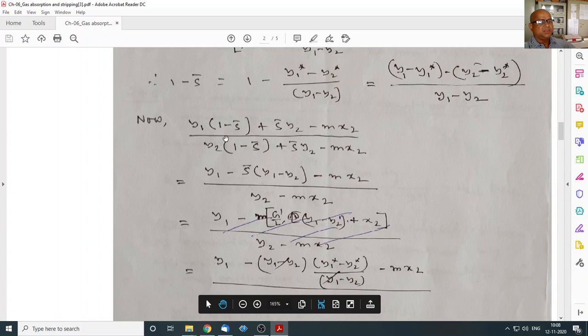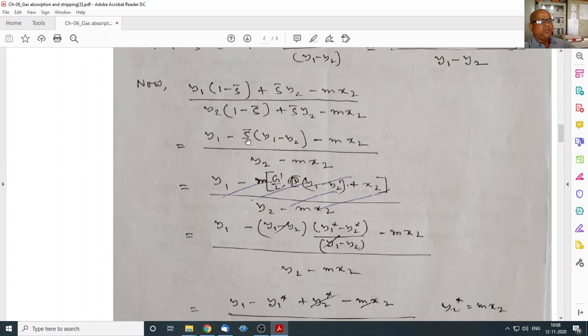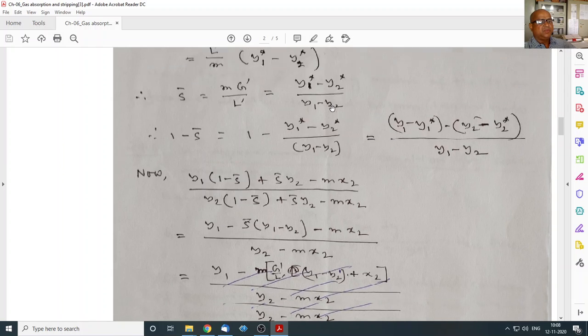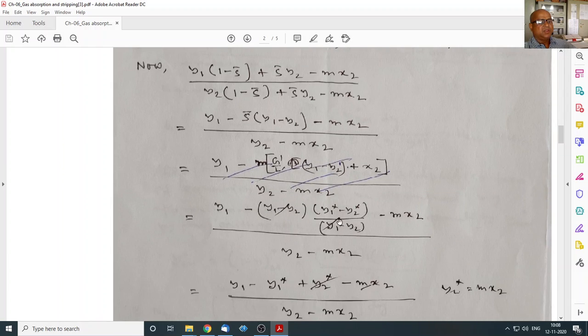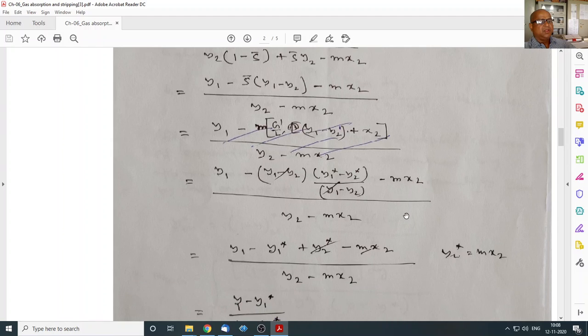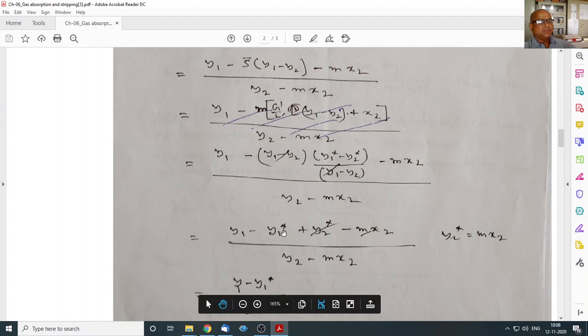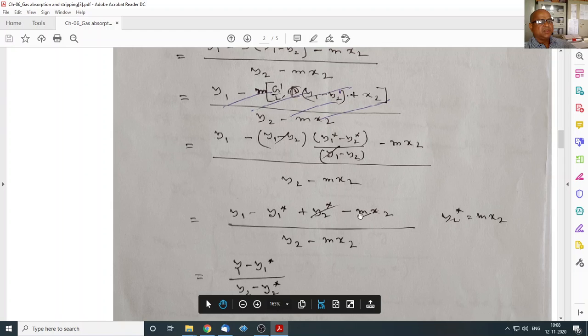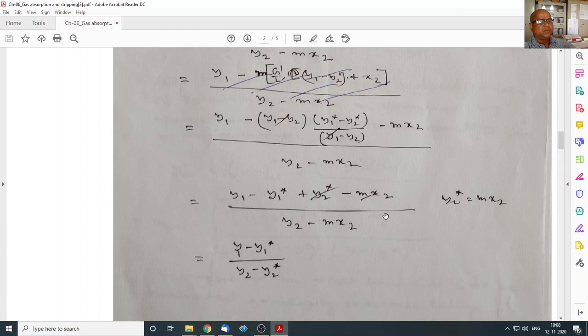In the denominator, y2 minus y2 S plus y2 S will cancel out, so y2 minus mx2. Now I will put S here. Once I put this in, this will cancel out. Now y1 minus y1 star plus y2 star minus mx2, by y2 minus mx2.